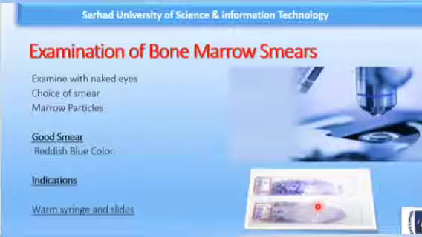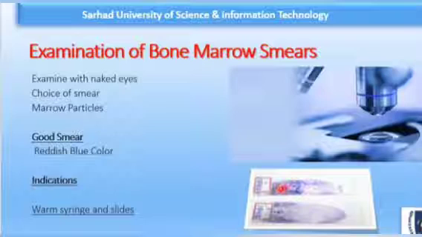In some diseases, these particles tend to clot during preparation, like in multiple myeloma, autoimmune disorders, or even in megaloblastic anemia. While in cold hemagglutinin disease, RBCs agglutinate if the slides and syringe were not warm.